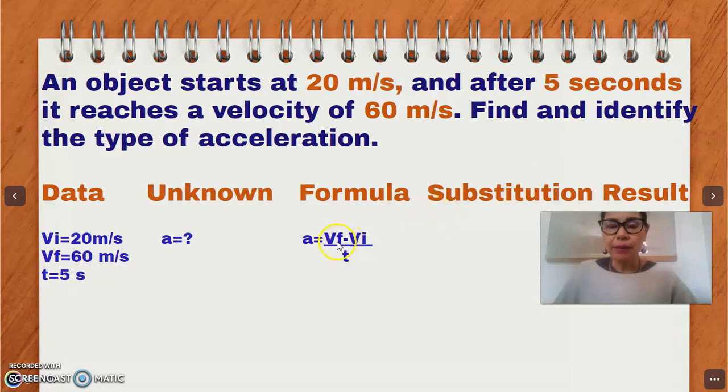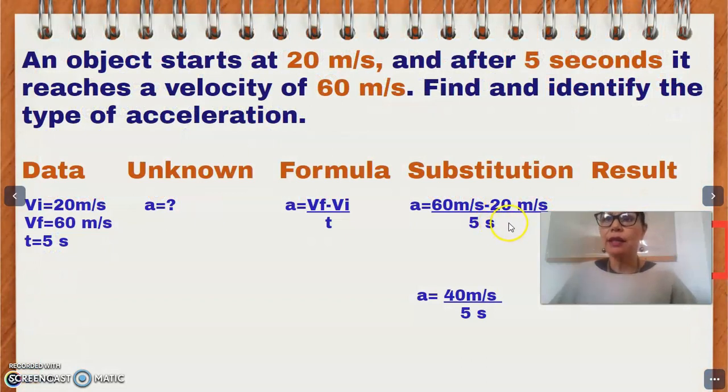The formula: acceleration equals final velocity minus initial velocity over time. We do the substitution: 60 meters per second minus 20 meters per second over 5 seconds. 60 minus 20 gives 40, divided by 5.